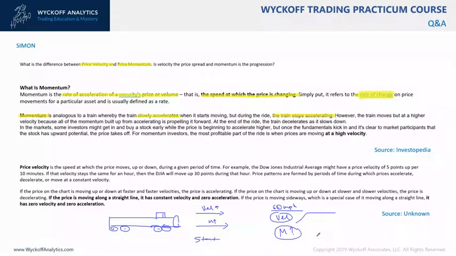Is momentum increasing or decreasing? What do you think happens at 60 miles per hour? Let's say this is the speed with which the train travels at that point in time.